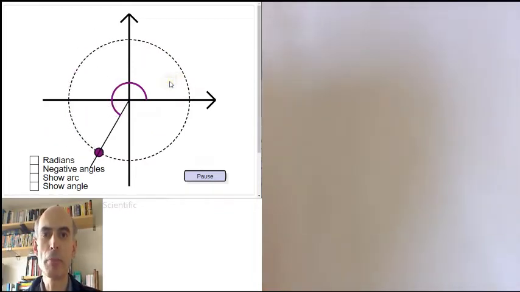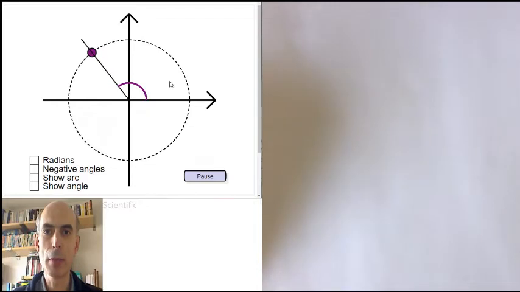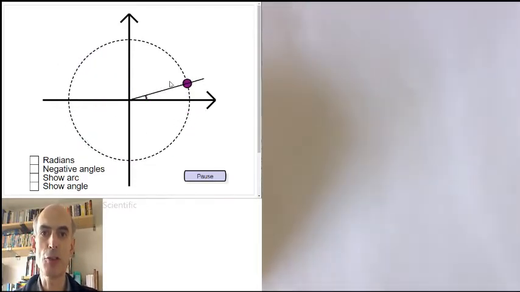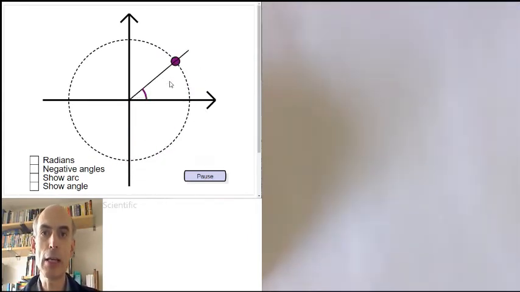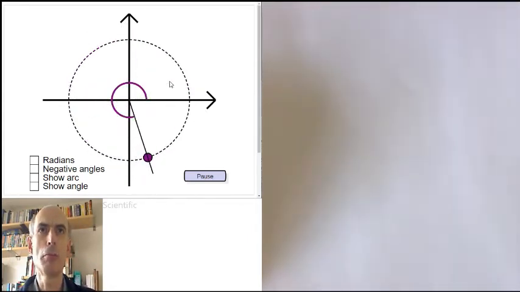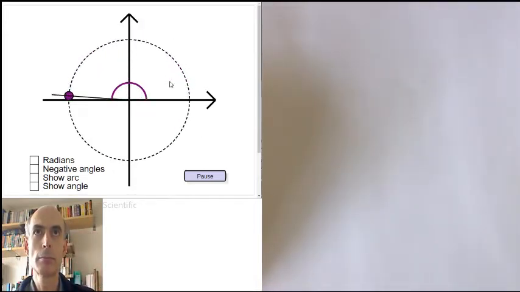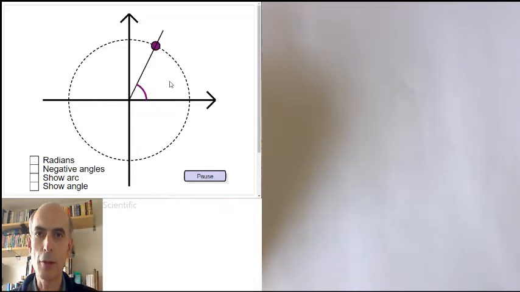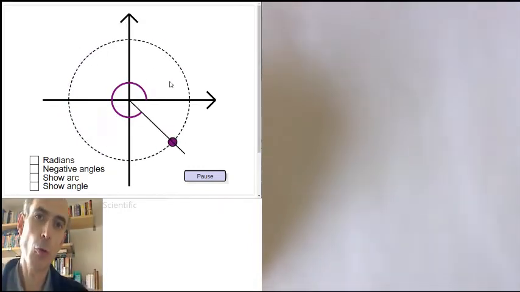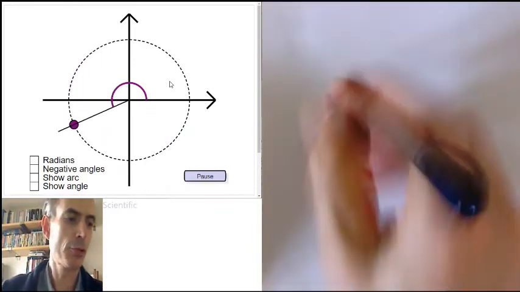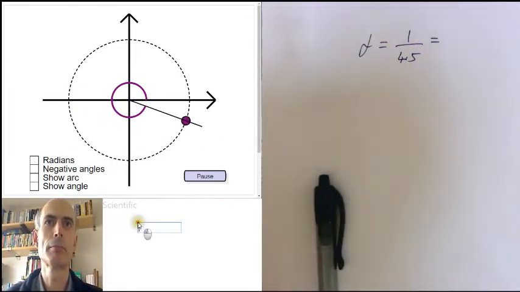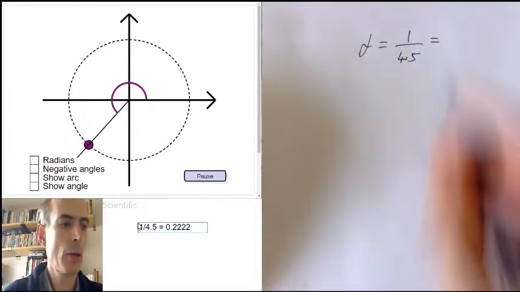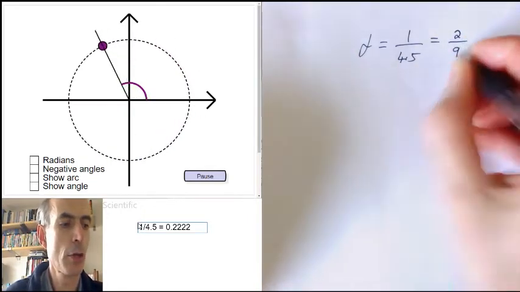After a certain amount of time, it ends up back exactly where it was, and the minimum time after which it ends up exactly where it was is known as the period, or T, and the frequency in hertz is 1 over T. In this particular case, the period is from that long, so the period is about 4.5 seconds, and that makes the frequency 1 over 4.5, which is about, well, 2/9 hertz.